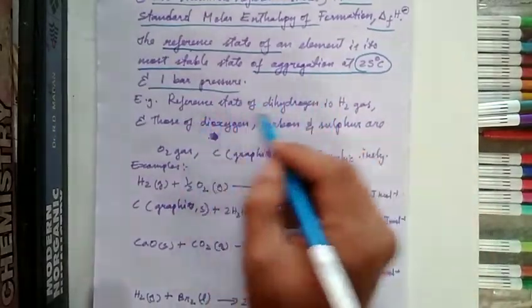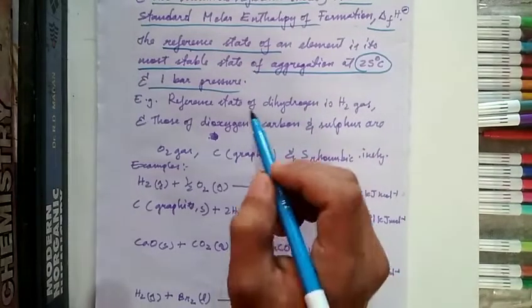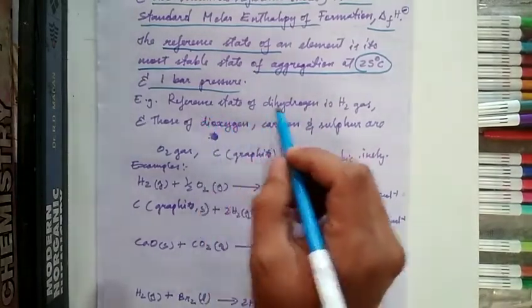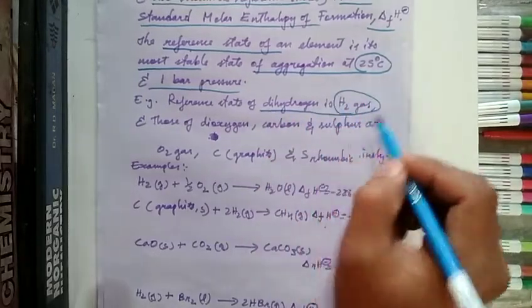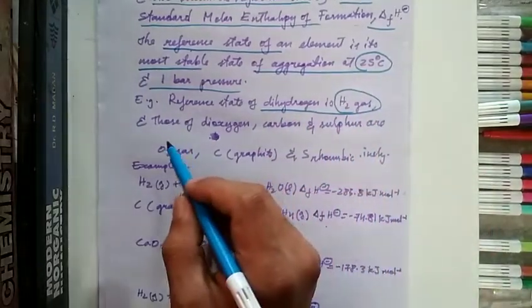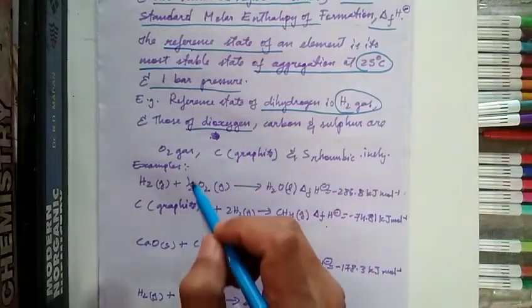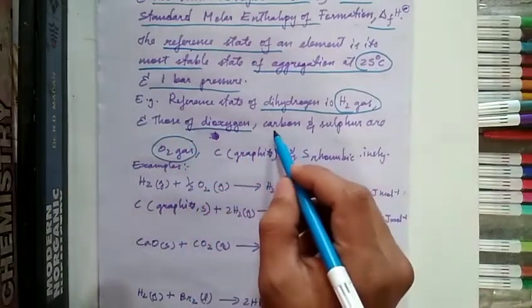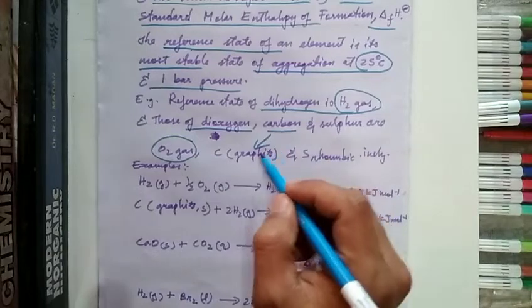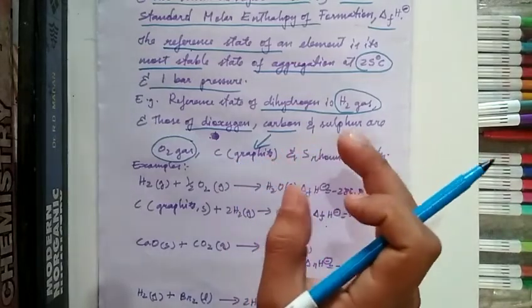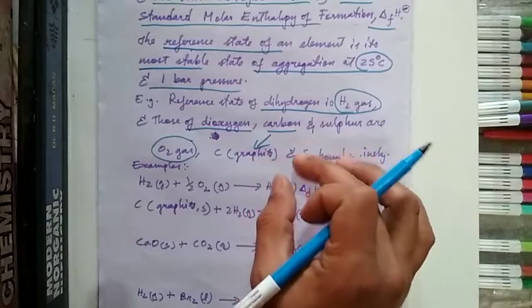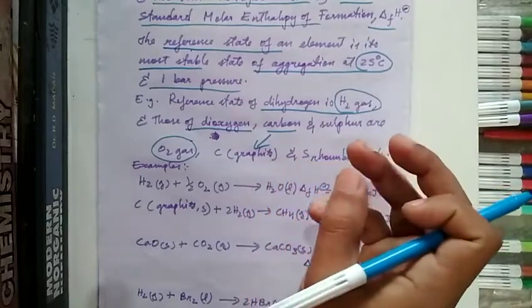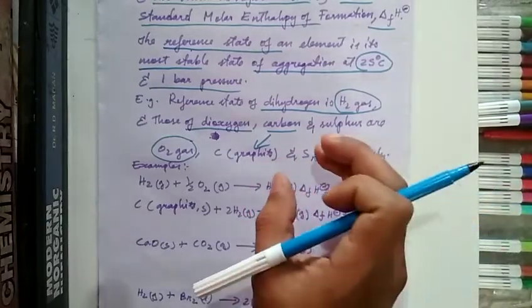Let's see this for better understanding. Example: reference state for hydrogen is dihydrogen, H2 gas, and oxygen, dioxygen, is O2 gas, and carbon is graphite. We know carbon has other allotropes also, diamond, coal. These are the allotropes of carbon.